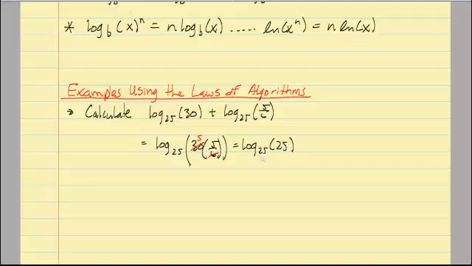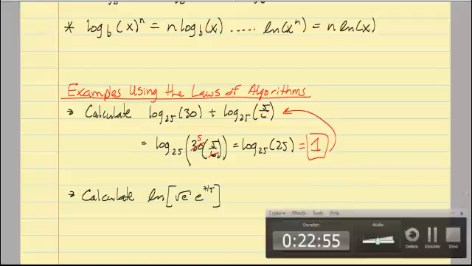So this is kind of asking a question: 25 to what power would be 25? And of course we know that that power is 1. So this entire expression up here equals 1. Let's go ahead and look at another one.